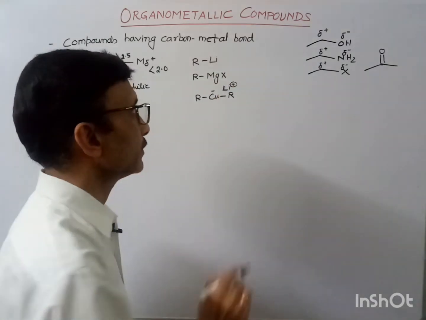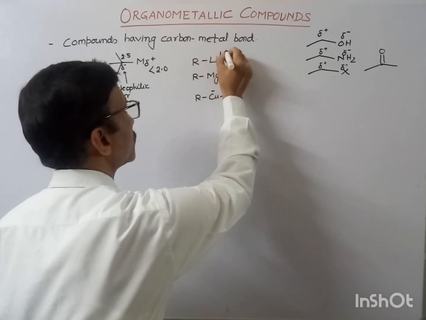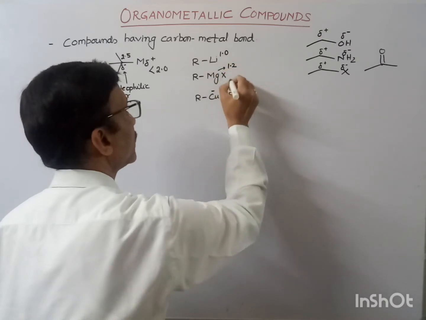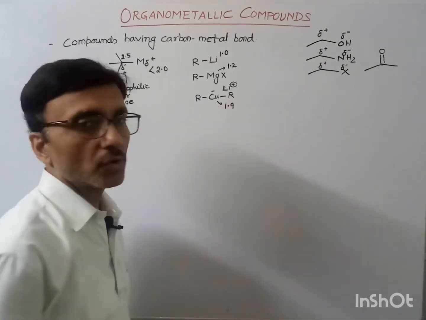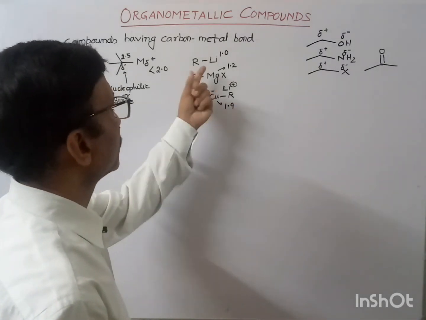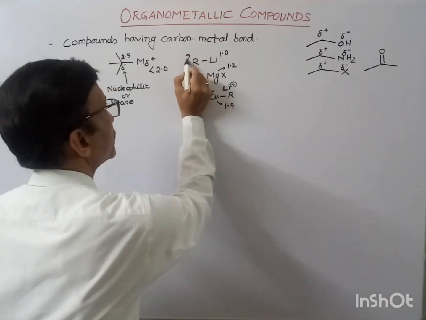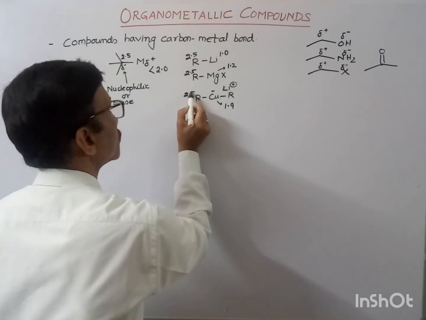Out of these, the electronegativity difference between carbon and lithium is the highest. Lithium has an electronegativity of around 1.0, magnesium has 1.2, and copper has 1.9. So which bond is more polar? Carbon is 2.5 in each case.